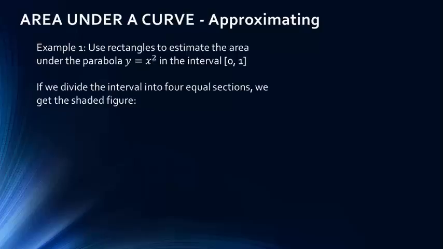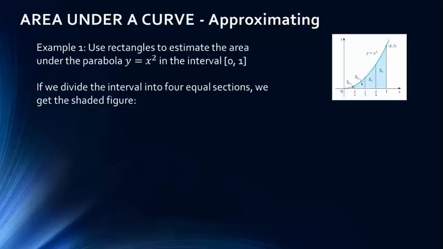Example 1: use rectangles to estimate the area under the parabola y equals x squared in the interval 0 to 1. Here we have the function y equals x squared from 0 to 1, and we divide the interval into 4 equal sections.